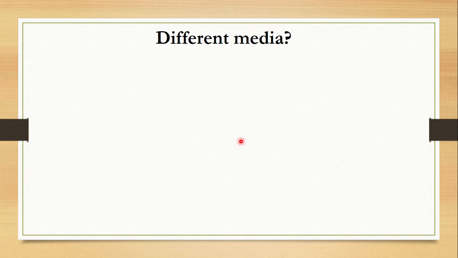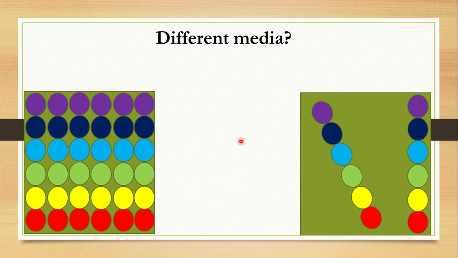So what do we understand by different media? When I consider these two square or rectangular volumetric materials or mediums, here you can see the entire space is covered. The volume is the same, but here you don't have space to move.